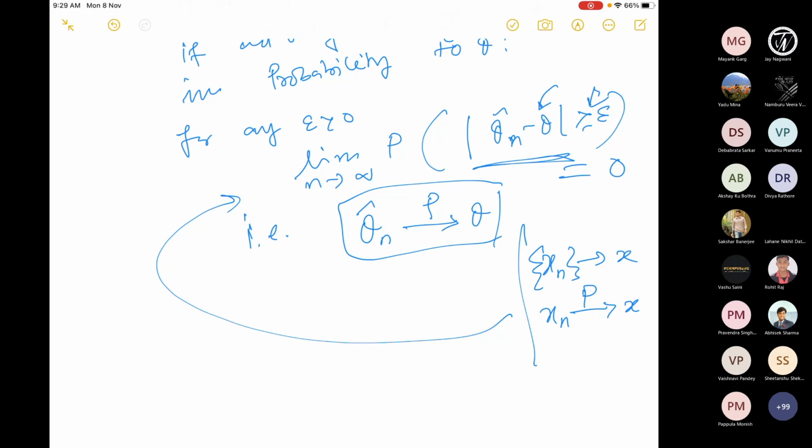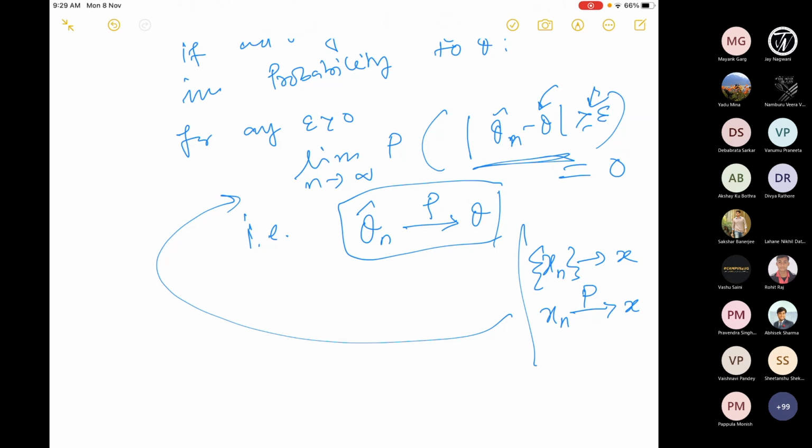And in fact, consistency is a property of the estimator when the sample is large, because I'm taking n tending to infinity. Now the question is again, given some theta hat n, how do you check where it converges?